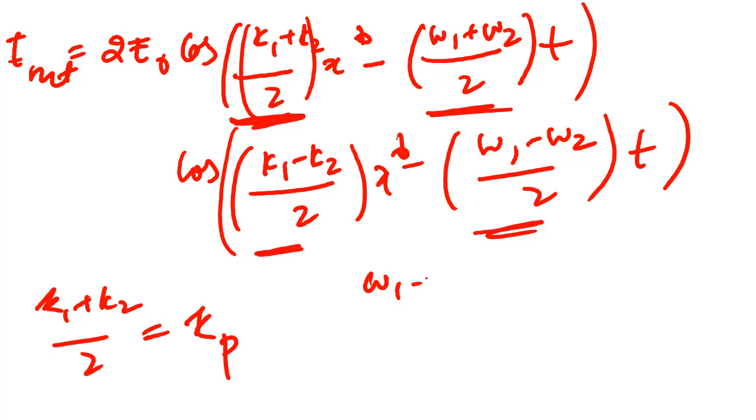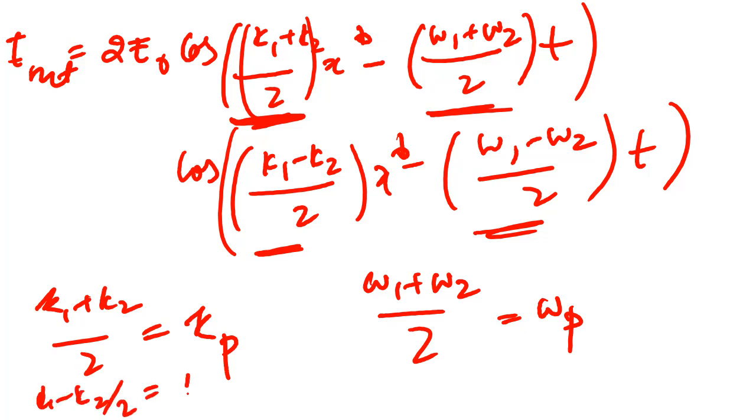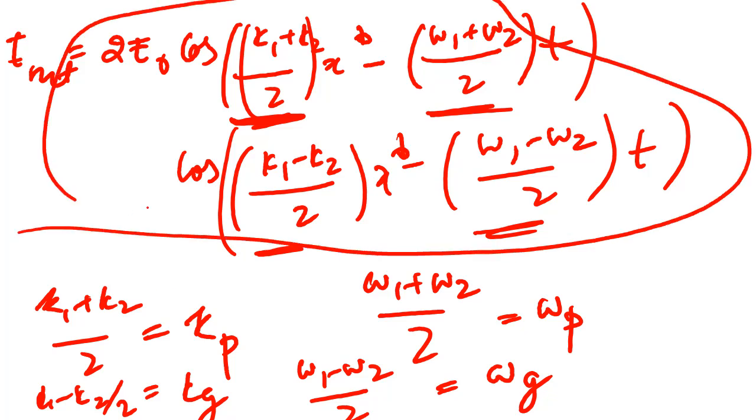And we can write (omega 1 plus omega 2)/2 as omega p. Similarly, I can write (k1 minus k2)/2 as kg, and (omega 1 minus omega 2)/2 as omega g. So if I were to do that, then I can rewrite this net electric field.